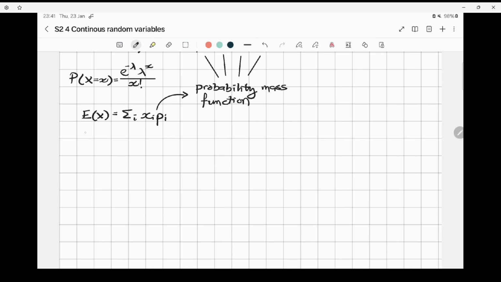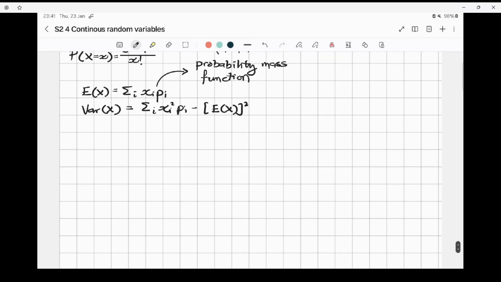For the variance of x, it is usually given by the sum over all i of xi squared pi minus E(x) squared. So these two formulas are what we learn for discrete random variables. Now for continuous random variables, we also have these, and you have already seen these two forms if you look at the previous chapter's video.